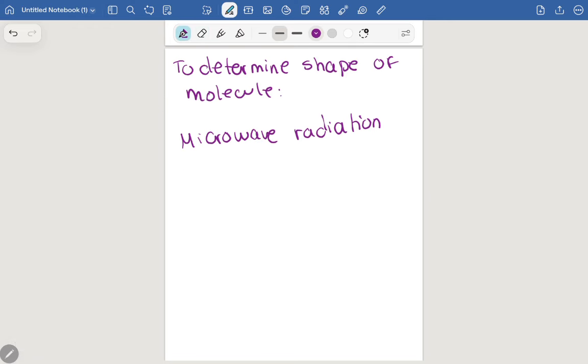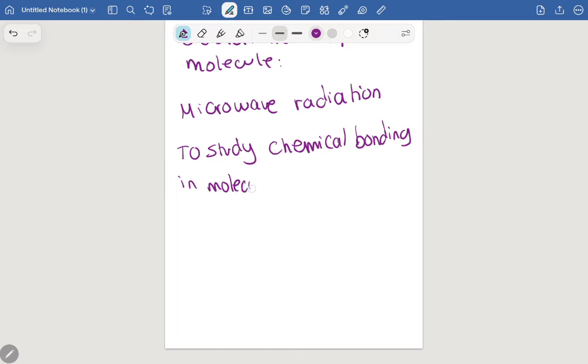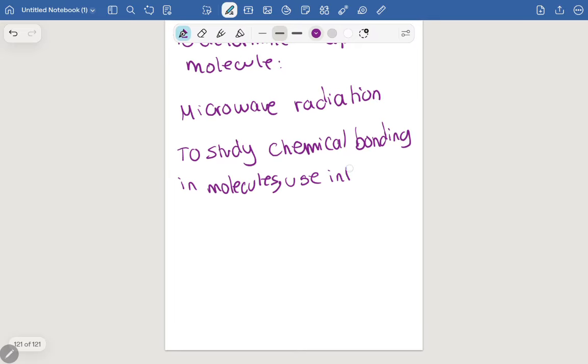Now, to study chemical bonding in molecules, we use infrared radiation. Okay? Now, to study the transmission of electrons, or sorry, the emission of electrons from one energy level to another, we use ultraviolet and visible light.